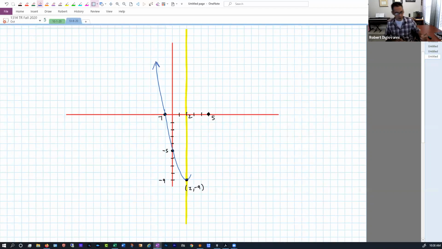Draw an arrow. And then I'm going to try my best to mirror that on the other side. This does not have to be perfect, but when you step back and take a look at it, it should look decent. I don't want the left side to look like that and the right side to look like this. Everything should be a nice U shape. There it is.